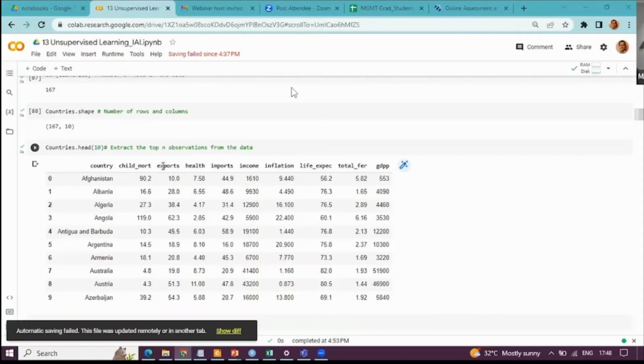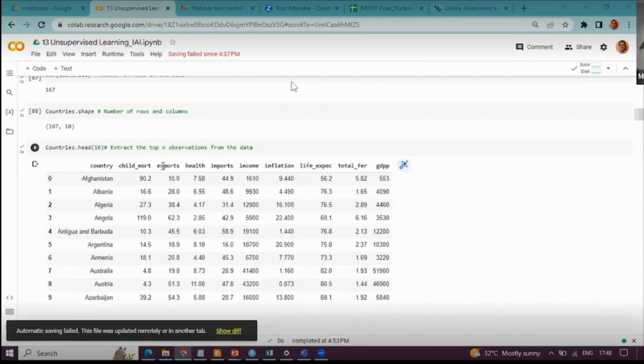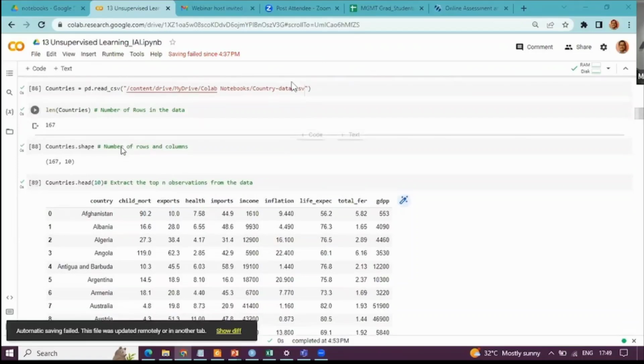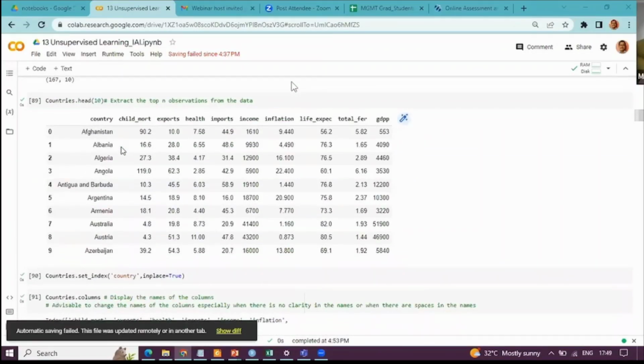Our objective is to see which countries are very, very similar, very close to each other, and which countries are very far away from each other. This was the typical exercise that we wanted to take up, so that we can bundle all the countries and treat all of them similarly.